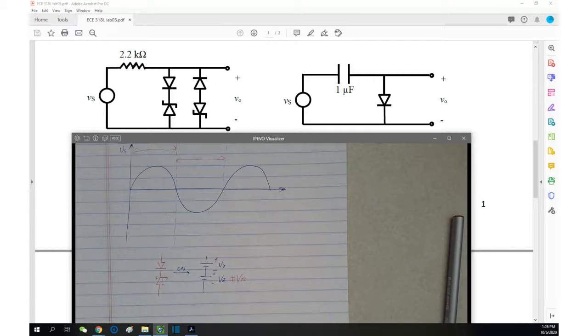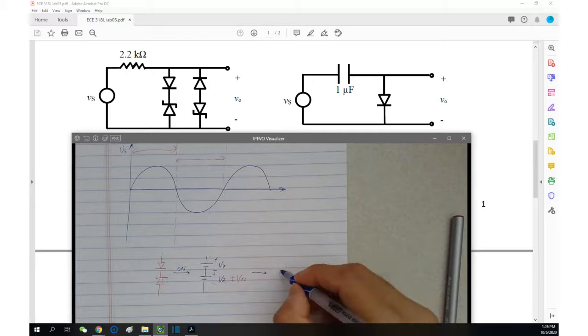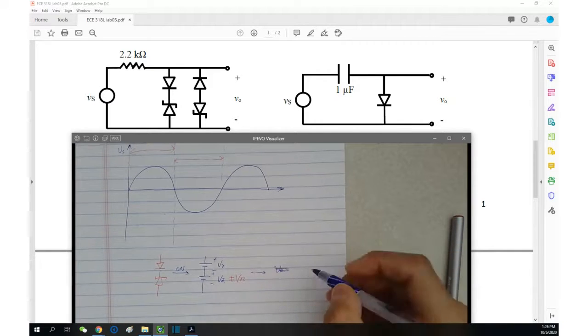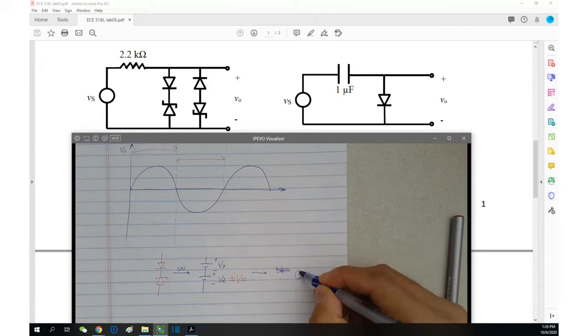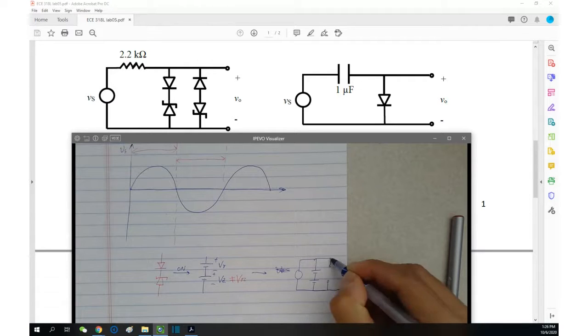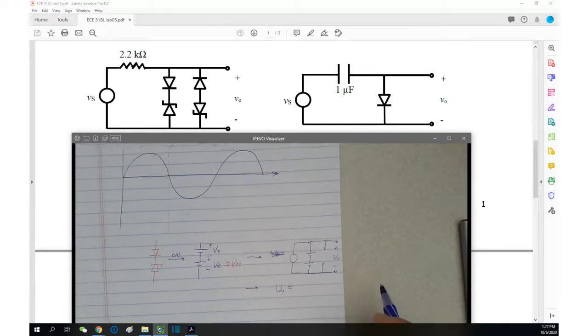And if so, then you can imagine, when these two are on, what is the output voltage? The circuit looks like what? This is the output voltage. Remember those three things?